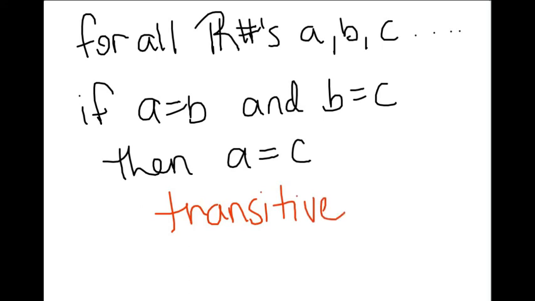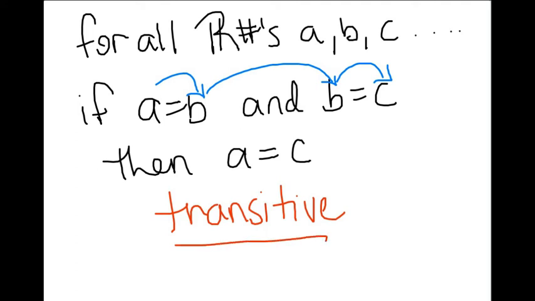We go from A to B, and then, since B is over here as well, we go from B to C. It could also be kind of like substitution. You're substituting C in for B. But as far as properties go, we name this one the transitive property because we can transition from A equals B and B equals C straight down to A equals C.